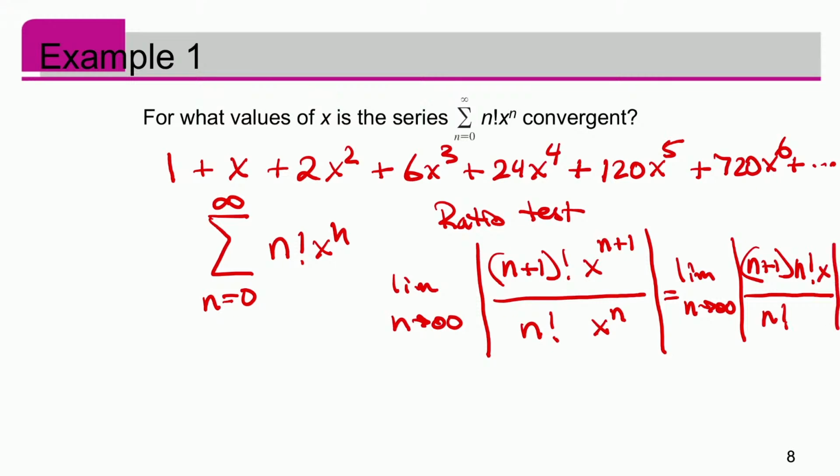I ran out of room because of this thing. But anyway, the x's, that's easy. Most of the x's cancel. You're left with just one x in the numerator. The n factorials cancel, and you're left with this: the limit as n approaches infinity of n plus 1 times x.